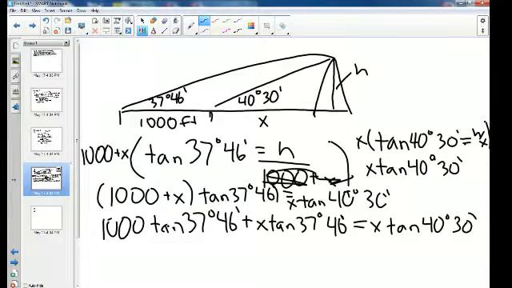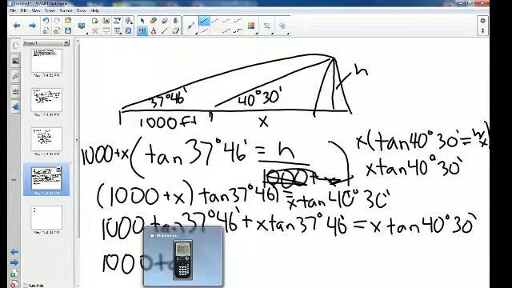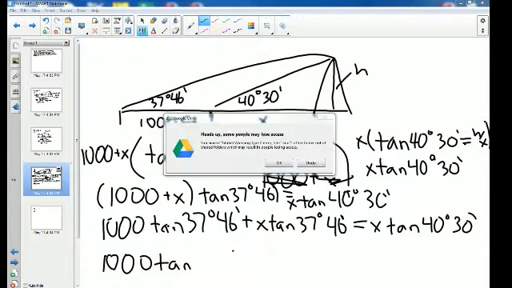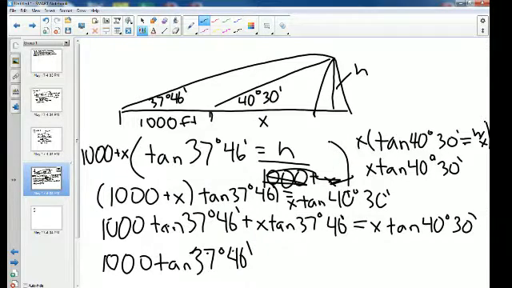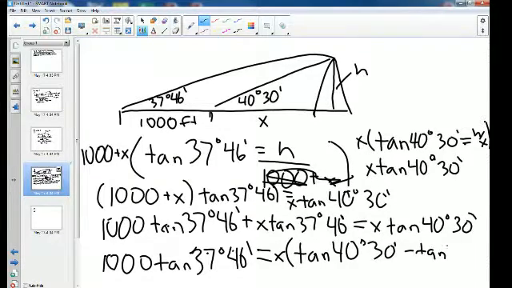Okay, so then we'll do more right here. 1,000 tan 37°46' equals x, parentheses, tan 40°30' minus tan 37°46'.